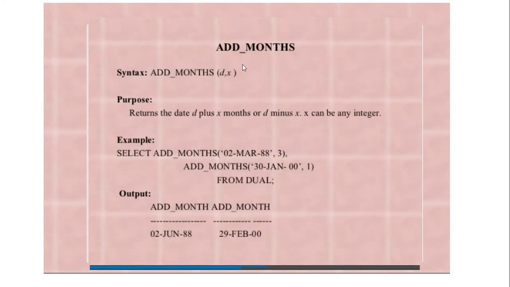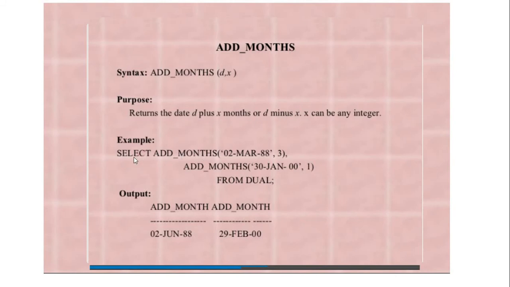Then the next function is add months, that takes two parameters, that is a date D and x number of months, or even we may have this x as minus, which means it will be subtracting that number of months from the date.